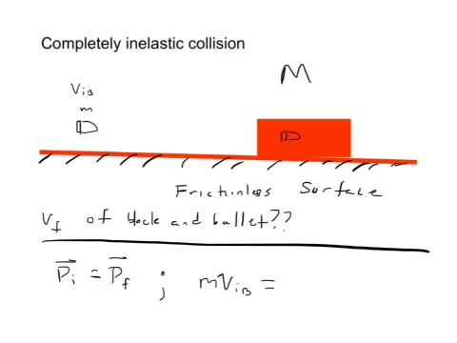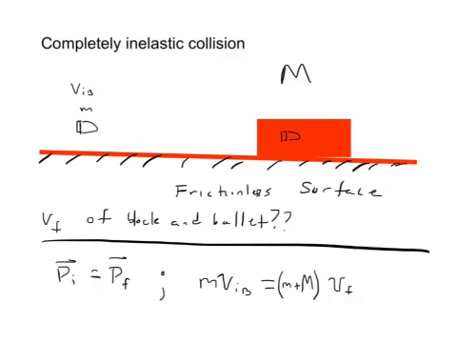Well, the final momentum is going to be the block and the bullet moving together. They're stuck together. So the final velocity of the block and the bullet is the same because they're going to be together. And their masses would be the little mass of the bullet plus the big mass of the block.